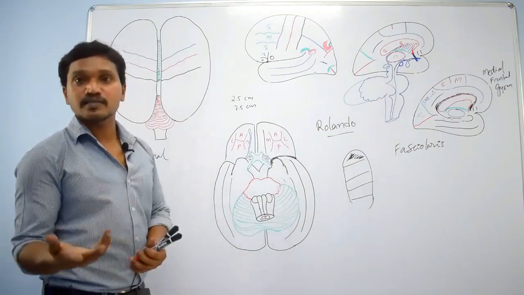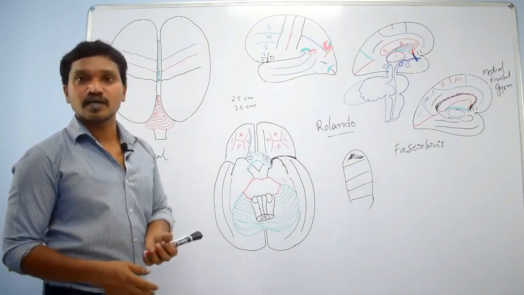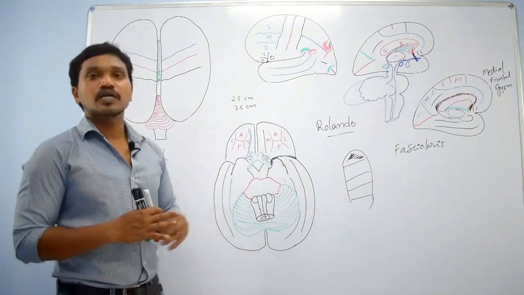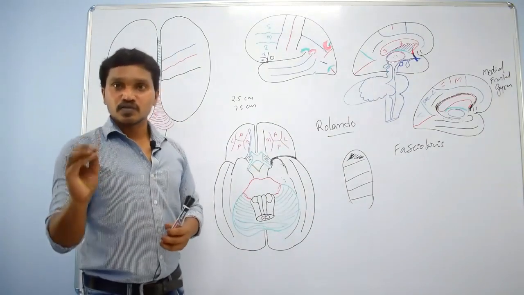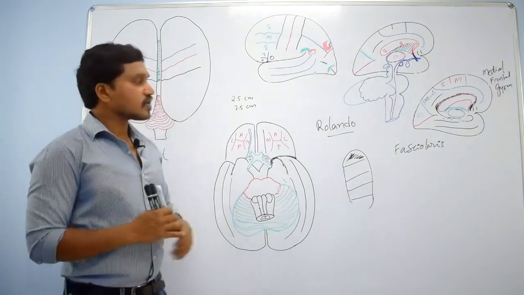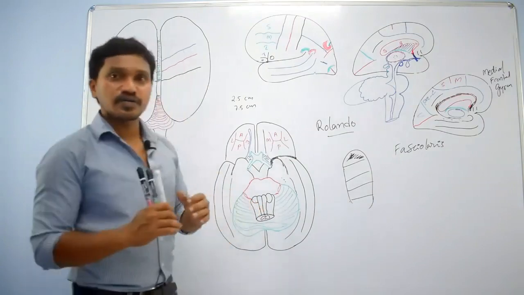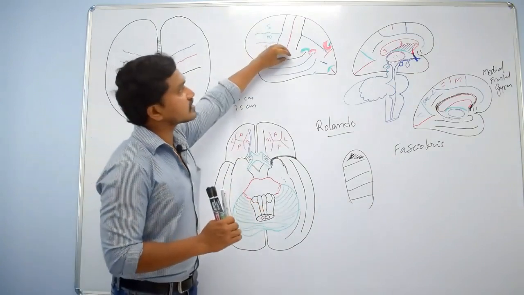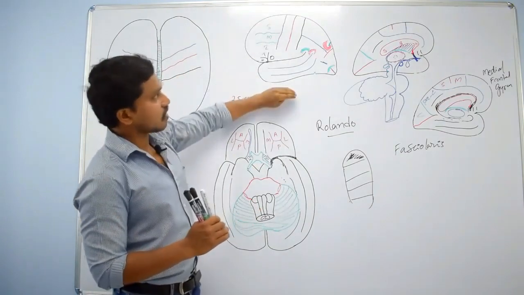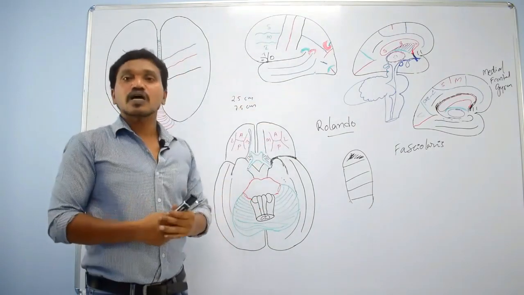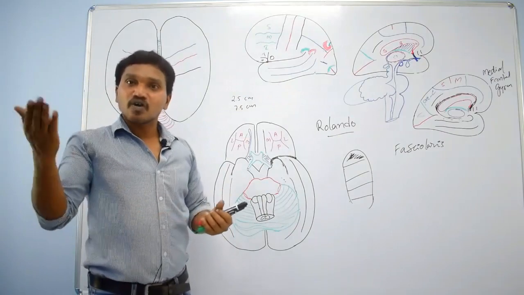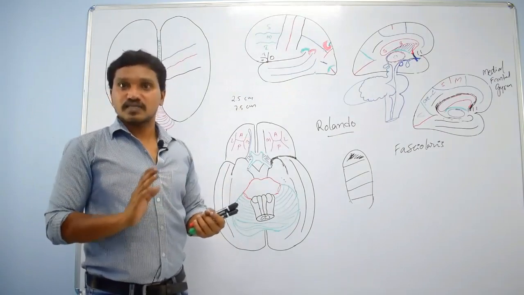So with this we have seen all the sulci and gyri of the different lobes. But we didn't see the insular lobe and the limbic lobe. First, let me show you the insular lobe. As I already told you, we have to reflect this up and this down. The insular lobe is present in the floor of the lateral sulcus.